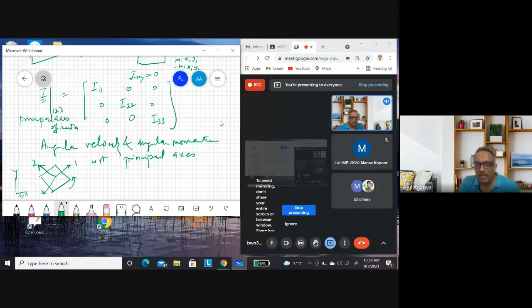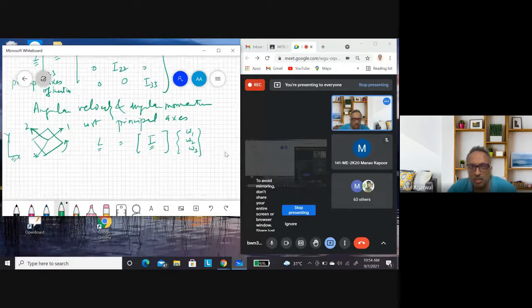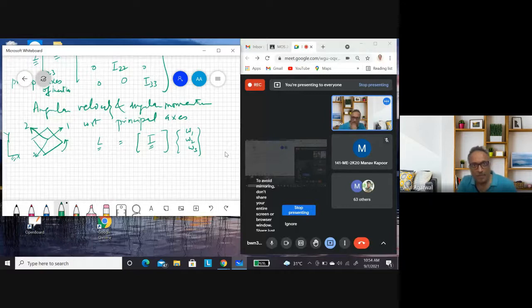So what is your angular momentum? Your moment of inertia tensor and your angular velocity. Now everything is with respect to your principal axis.